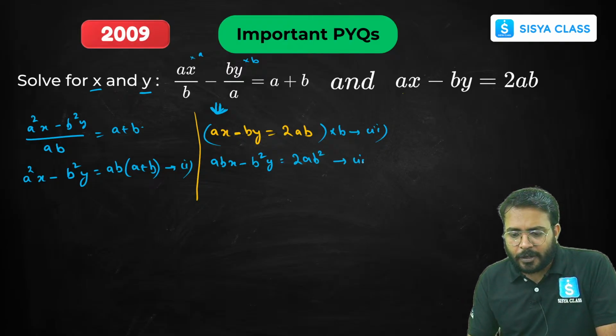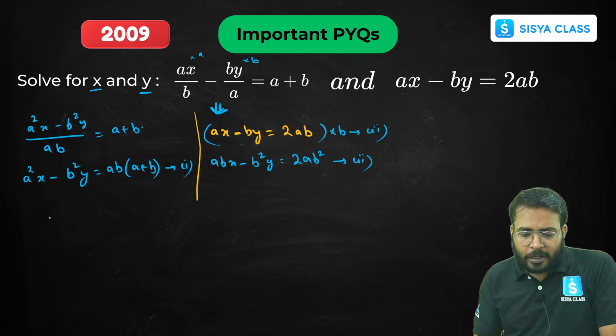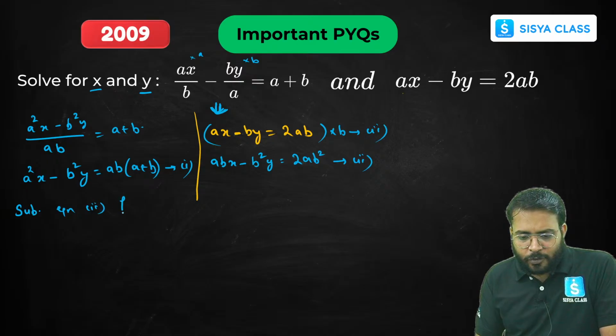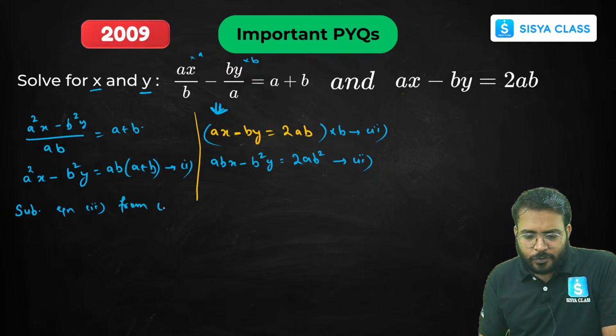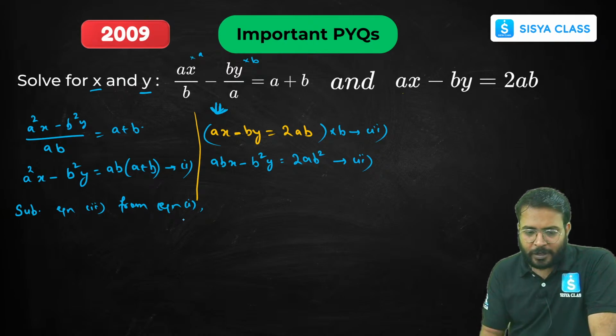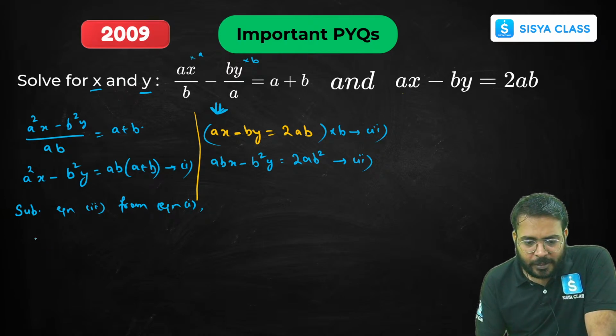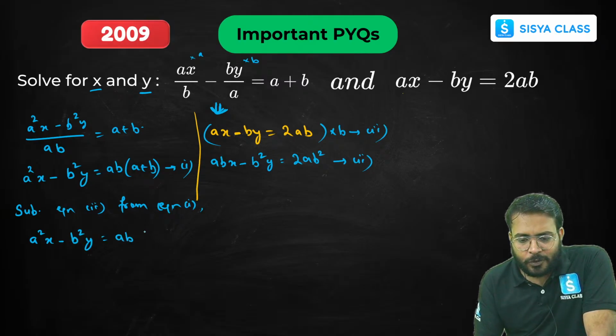Now I am just going to subtract equation 2 from equation 1, and what I will get? I am going to get a square x minus b square y is equal to ab into a plus b.